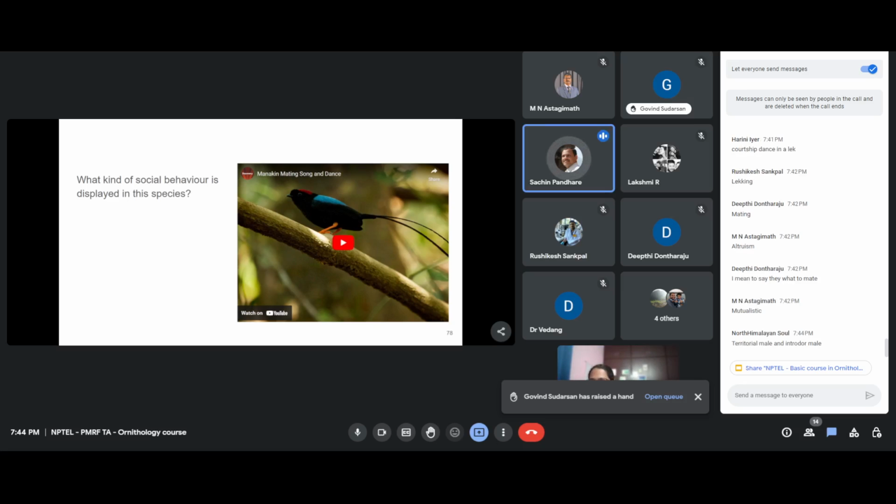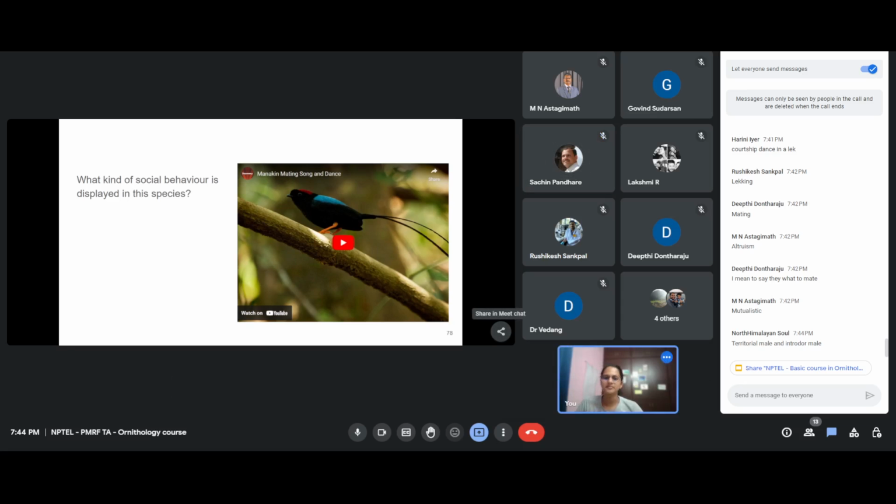Oh, acorn also has. And what is the display that they show? No, they don't display, but they are cooperative nesters. Like in the breeding, once the dominant pair stops breeding or dies, the beta male or the beta female becomes the alpha. Okay, but there is no display. No. Okay. Nothing related to display.